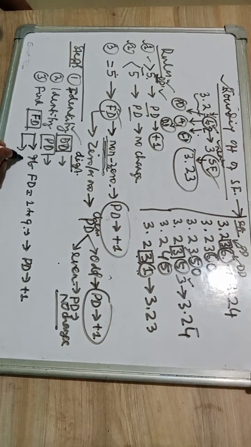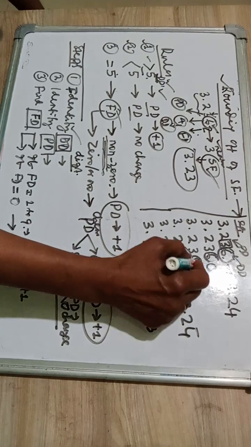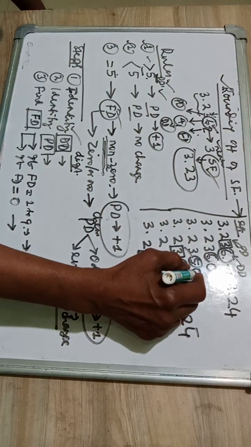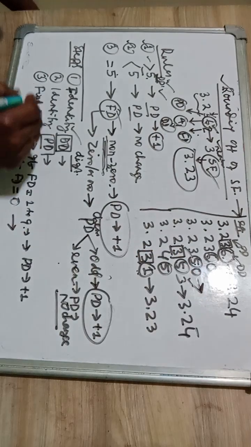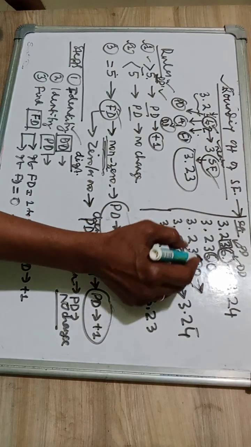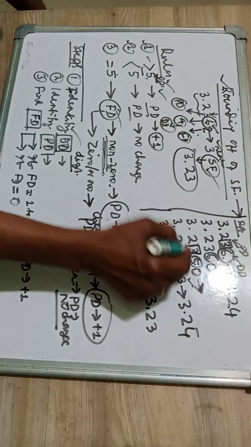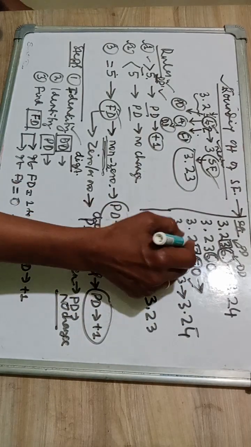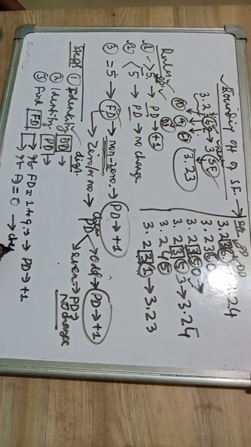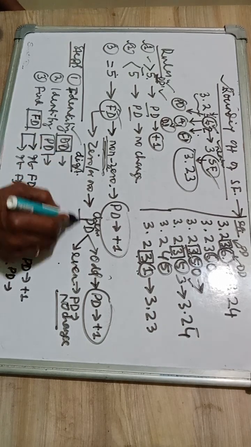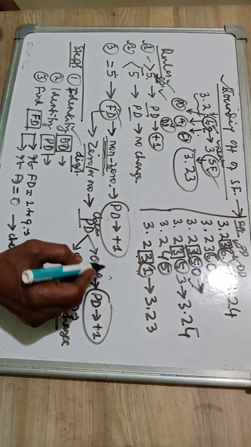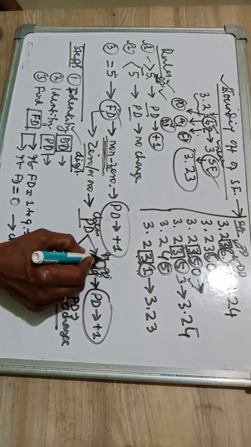If FD is 0, what will we do in this case? We'll go to PD and check it.